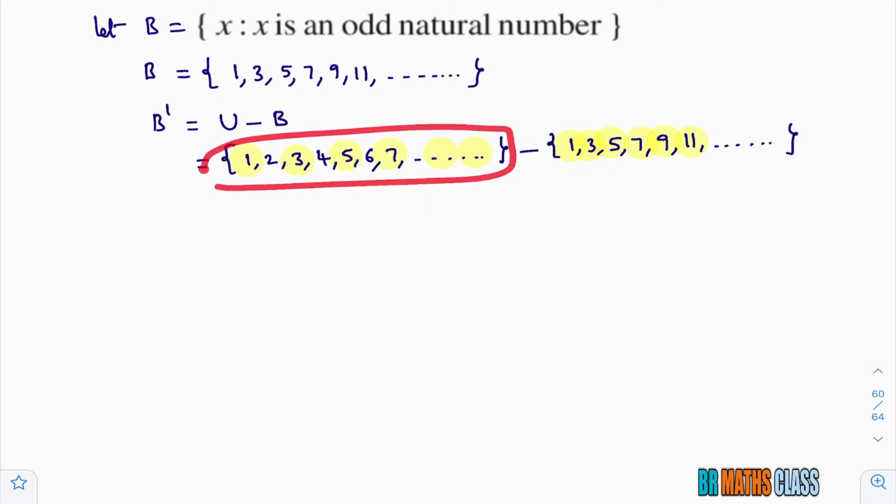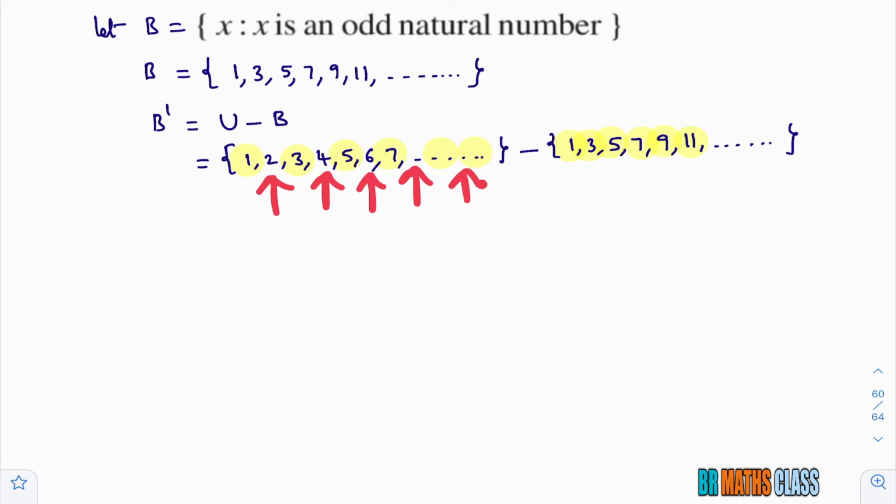You observe 2, 4, 6, 8, 10. Even numbers are present in the first set. So here I can write B dash as 2, 4, 6, 8, 10, like that.